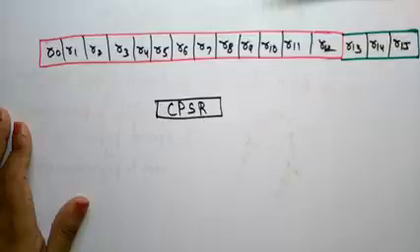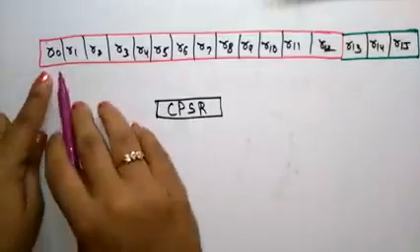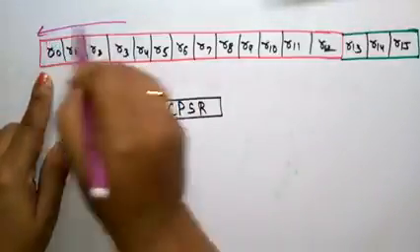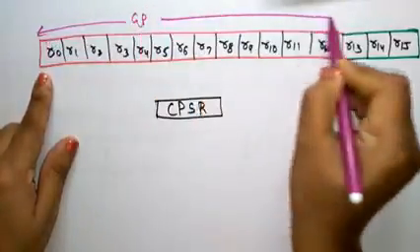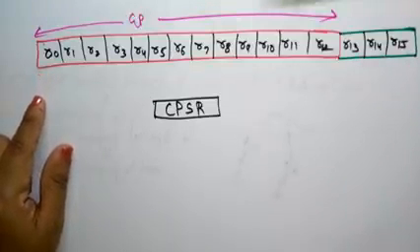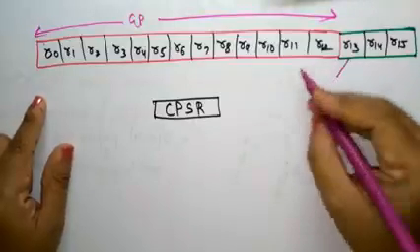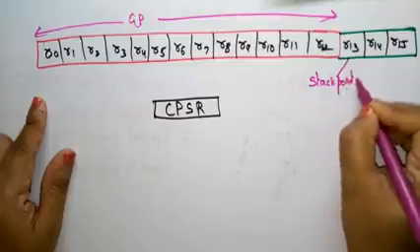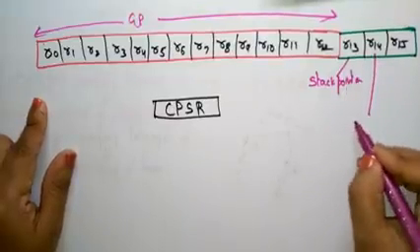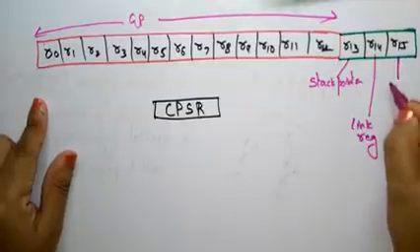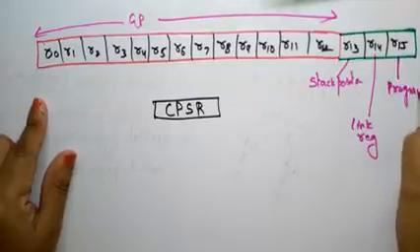So from R0 to R12, these are the general purpose registers, which means the programmers can use them. Coming to R13, R14, R15, these are the special purpose registers. R13 holds the stack pointer, R14 acts as the link register, and R15 is the program counter.